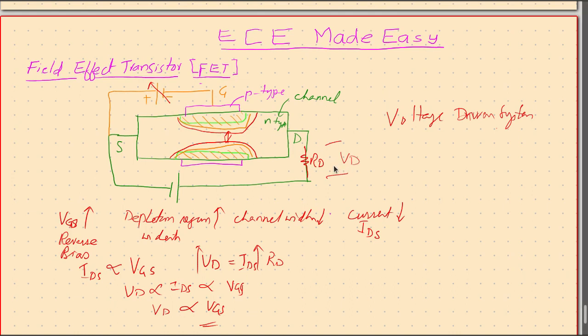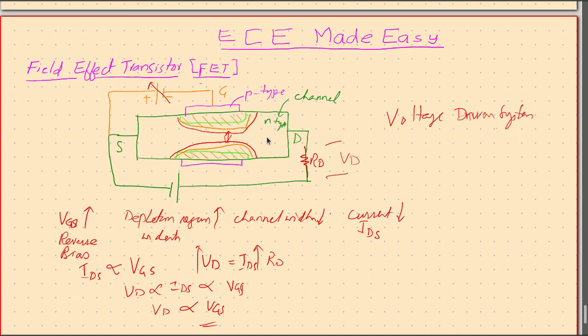So you can say it's a voltage amplifier, and current also gets amplified because in the reverse bias almost no current flows. So you can say it's almost infinite current gain we have, because the input is almost having zero current because it's a reverse bias.